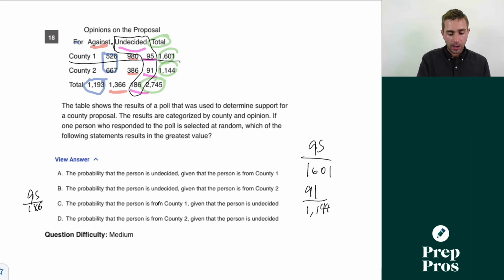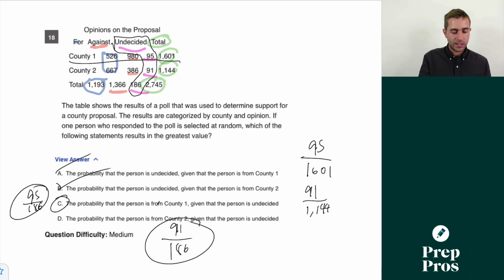In D, the probability that a person is from County 2 given that the person is undecided, almost exact same thing here, but this one is now simply going to be 91 over 186. So A and B are going to be way, way smaller, and C is going to be greater than D, so we can see that C must be our correct answer there.